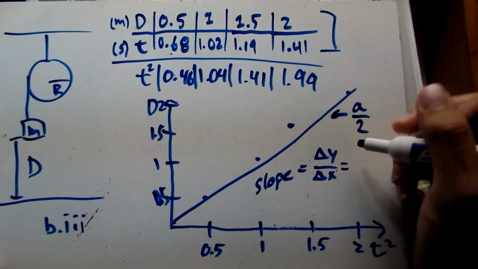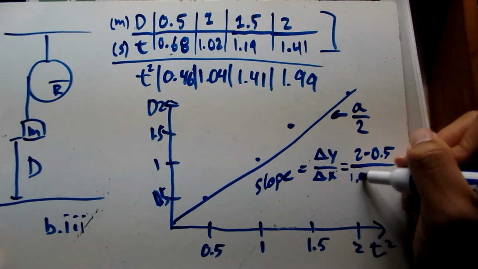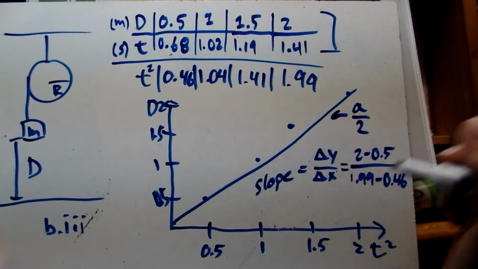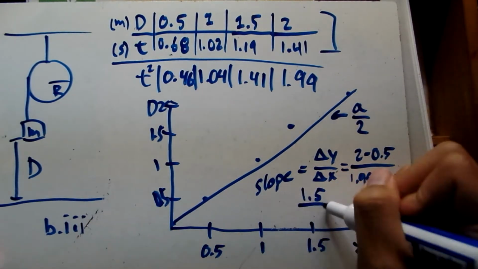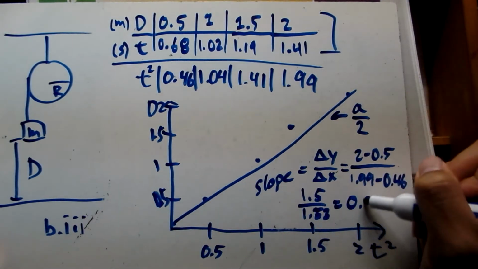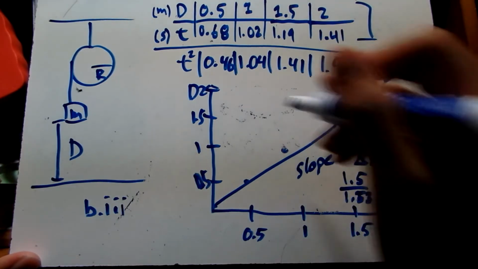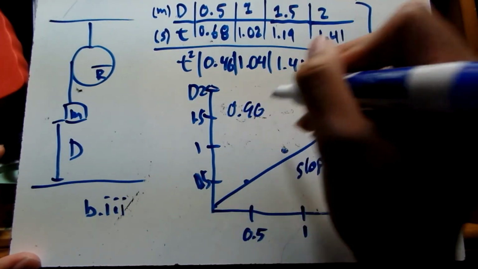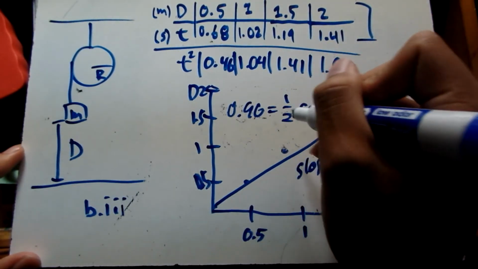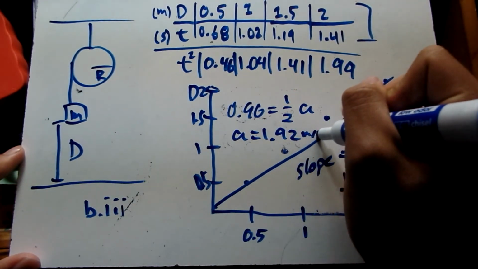So that will equal 2 minus 0.5 over 1.99 minus 0.46, which would give us 1.5 over 1.53, which equals 0.96. Because the slope is 0.96 and 1/2 a equals the slope, we know that a is equal to 1.92 meters per second squared.